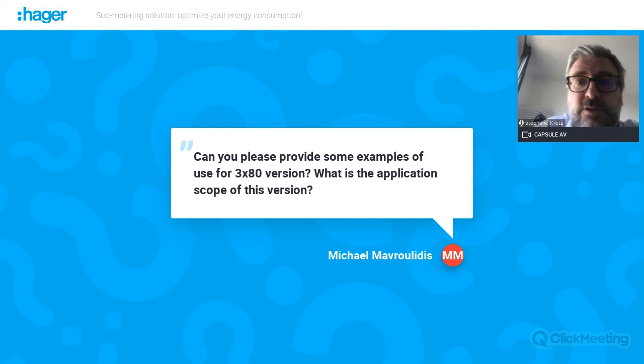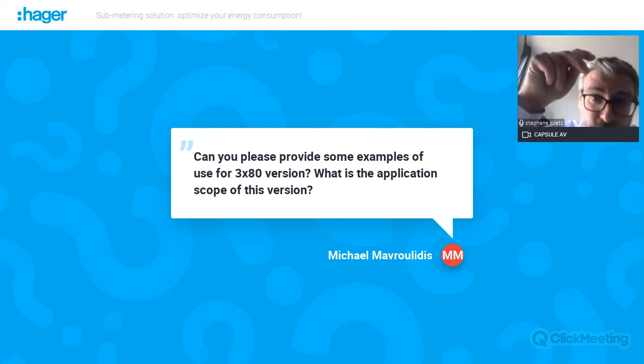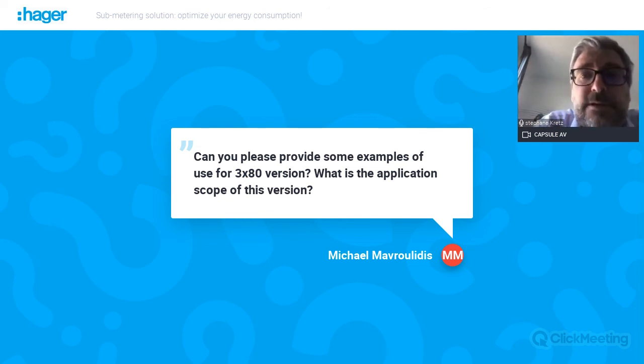That means you can multiply by 3 the metering points you can connect to your Modbus RTU. It's also easier to connect because you connect the communication only once on your product. I hope I gave you an answer, Michael, that convinced you.